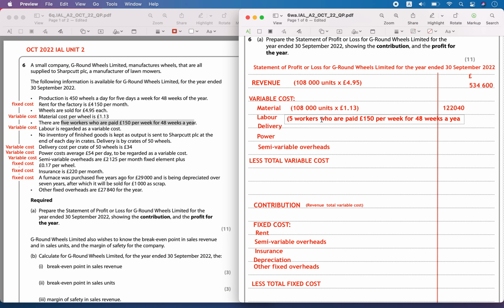They work for 48 weeks in a year, and they are paid at the rate of 150 pounds per week.